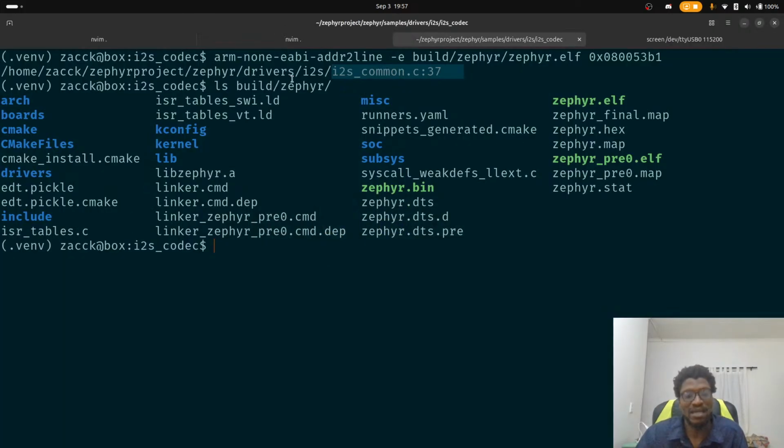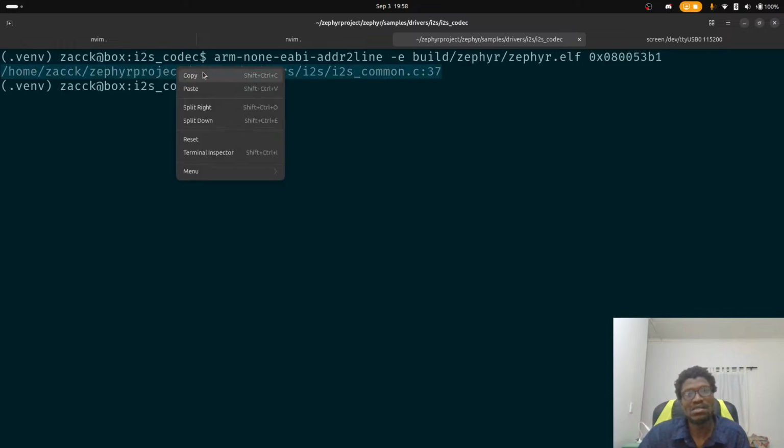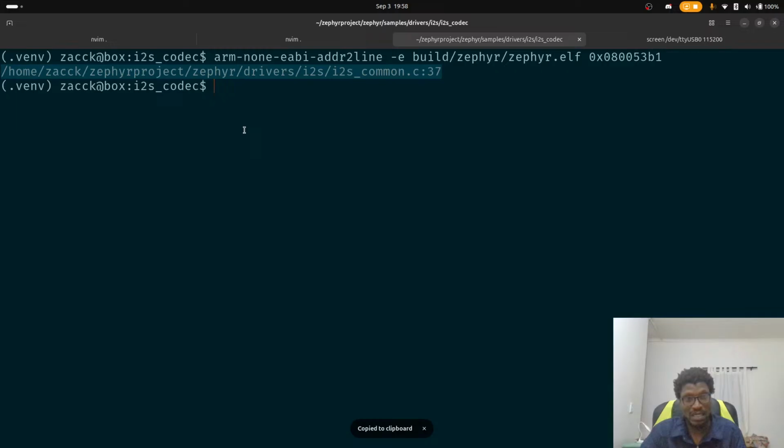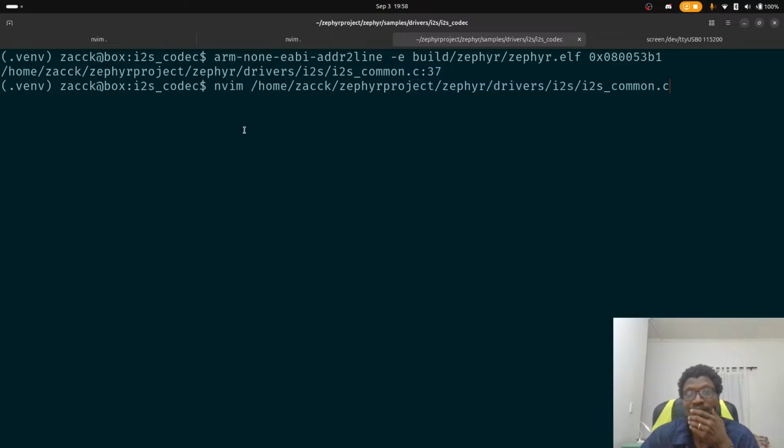We can always just take this and less that, copy, less, man less. Let's nvim it so we just know. Control Shift V, I don't want the line number. Let's open that.